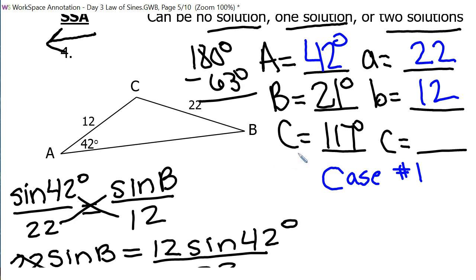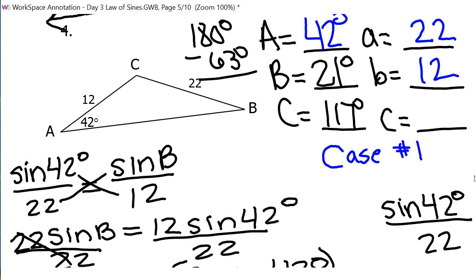We were given angle A and side A. So let's do sine of angle A, 42 degrees, divided by side A, which is 22, is equal to sine of 117 degrees over what? C. That's angle C, so it needs to be over side C.